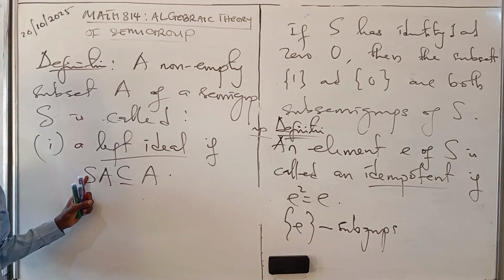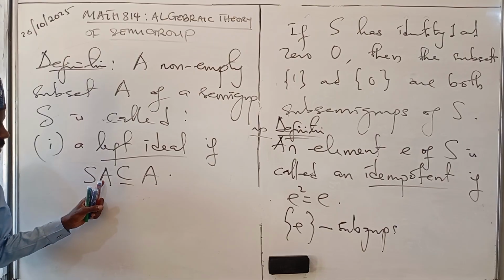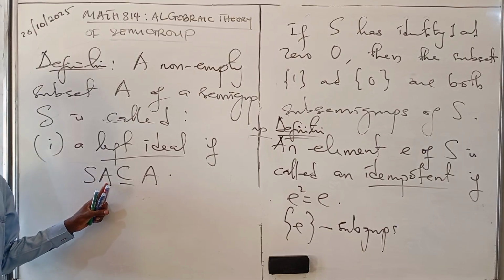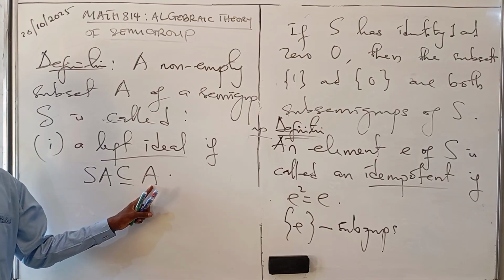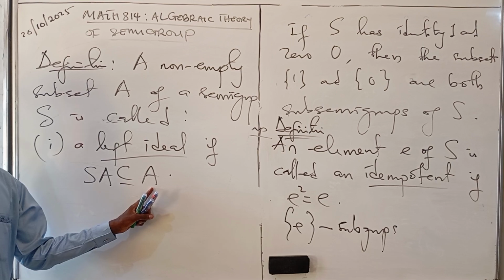If I pick any element of the semigroup and multiply with an element of A, I get inside A. This is a left ideal. Are you following?